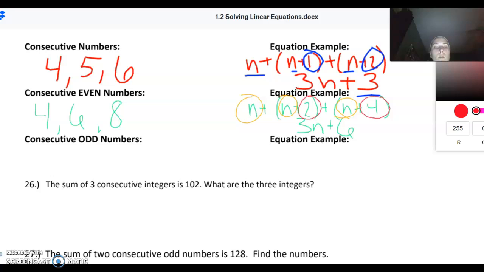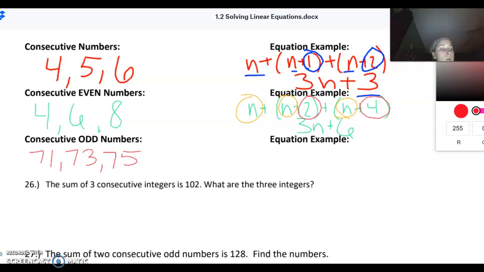So now we are going to do 3 consecutive odd numbers. The 3 numbers I picked: 71, 73, 75. So what do you guys think we're going to do for the equation? We want 3 consecutive odd numbers. Because we're starting with an odd number, we're skipping that even number and going to the next odd number.